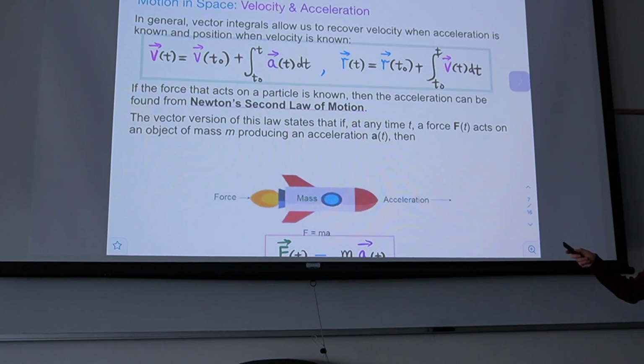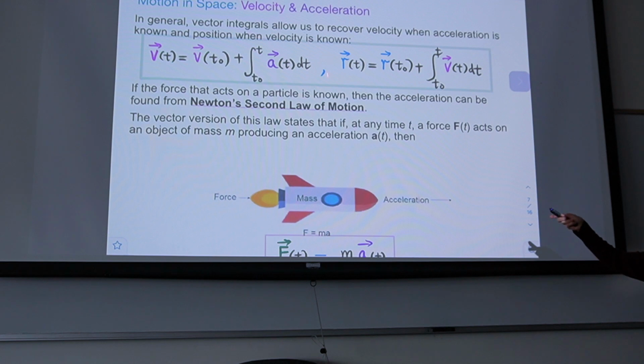So the velocity at time t is equal to, think about this, if you start from this initial time t naught, there will be the initial velocity plus this integral from t naught to t of this acceleration function. This reminds you of the fundamental theorem of calculus, right?